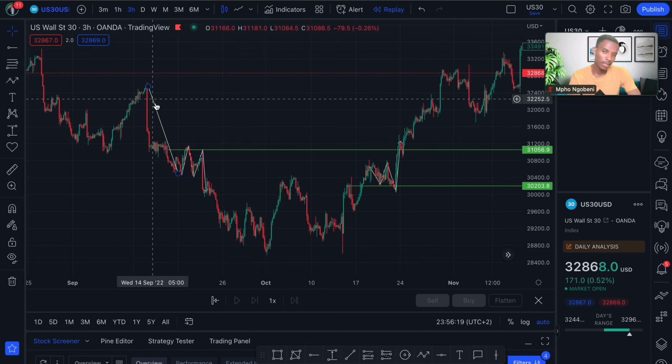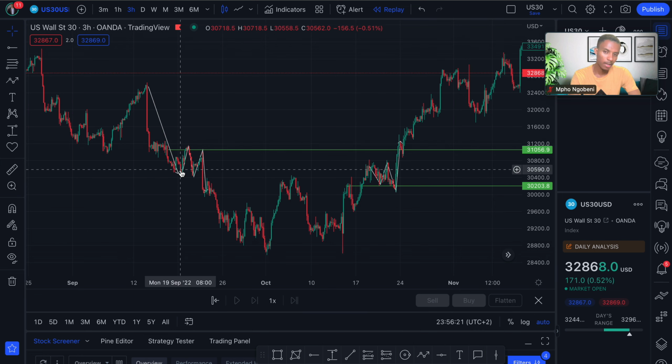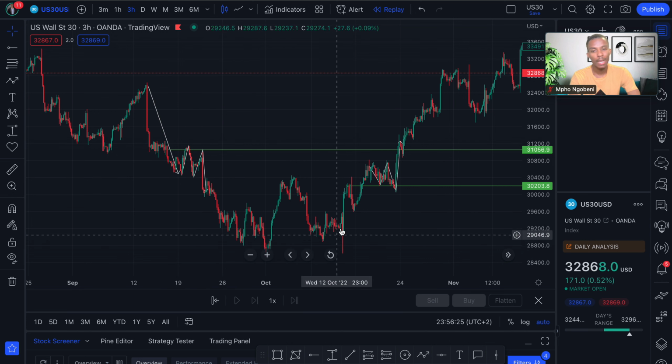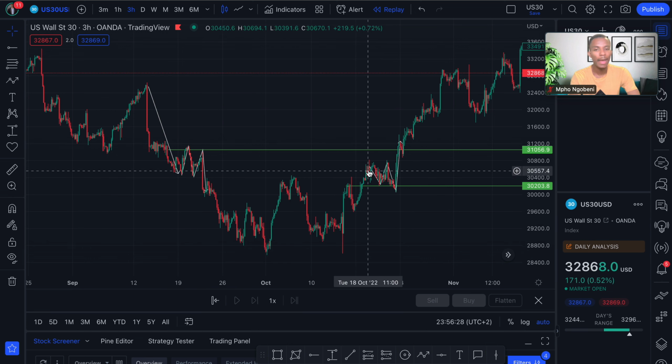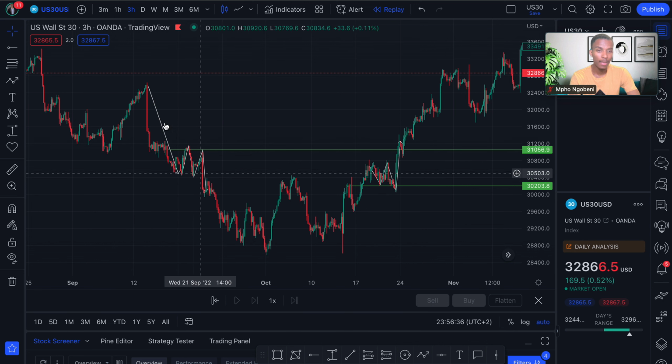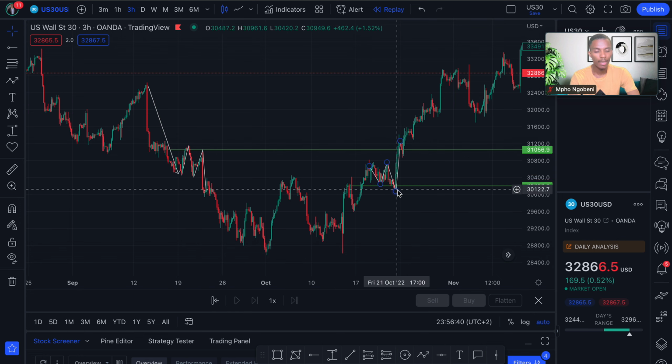If it's coming up in an uptrend, it gives us a W. But if it comes from a downtrend, it gives us an M. Downtrend, an M; uptrend, a W.